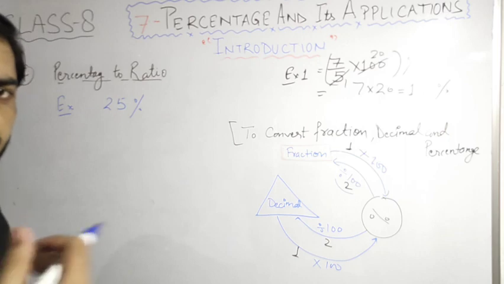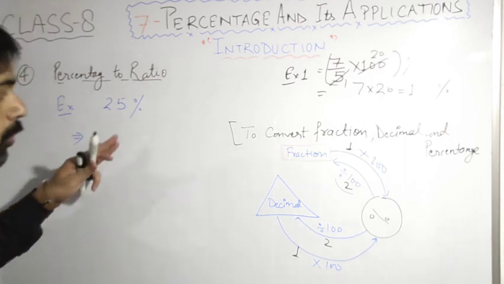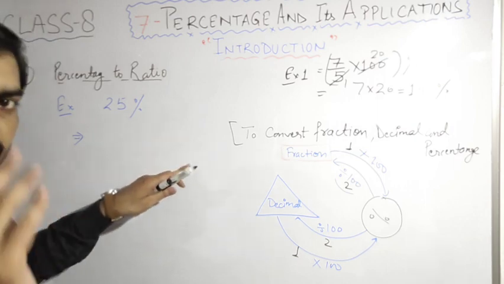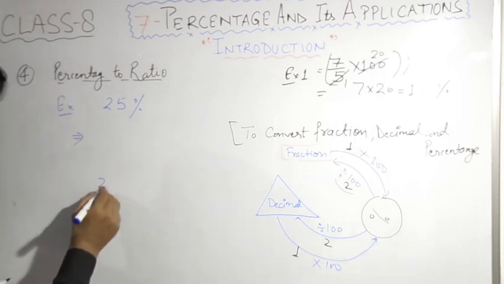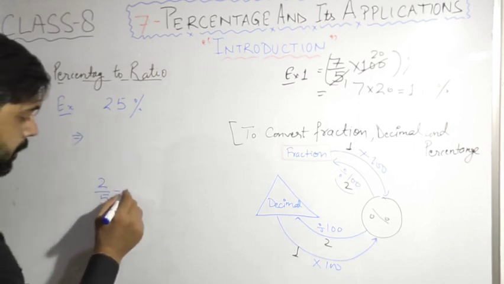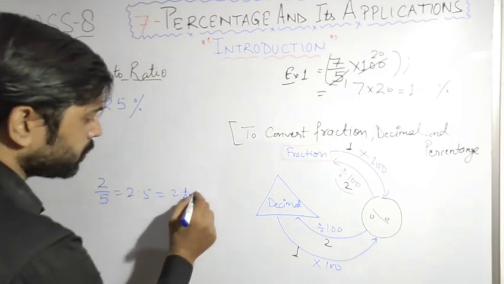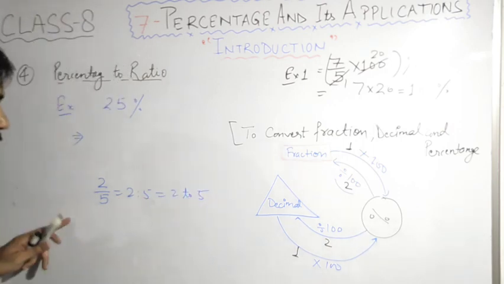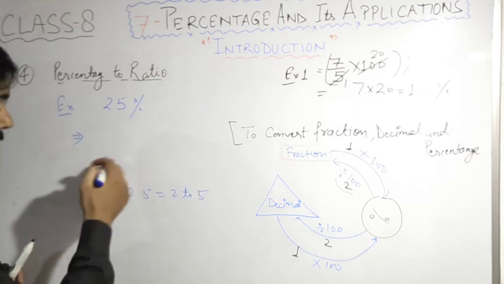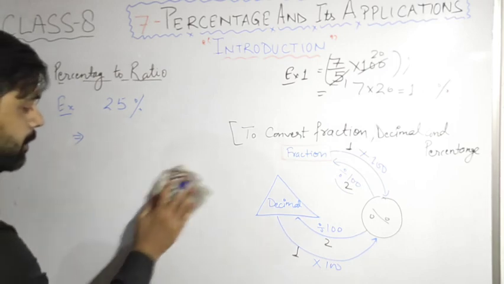So how can we convert 25% into ratio form? Easily. How do we get a ratio? Ratio means we can write a fraction like 2/5 as 2:5. All these numbers are equal, so we can write them in this form.